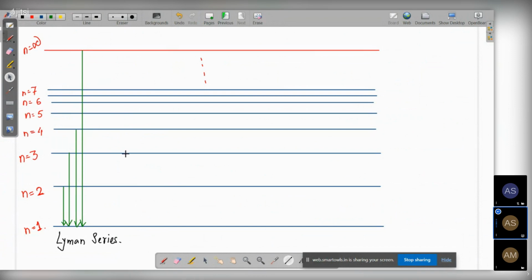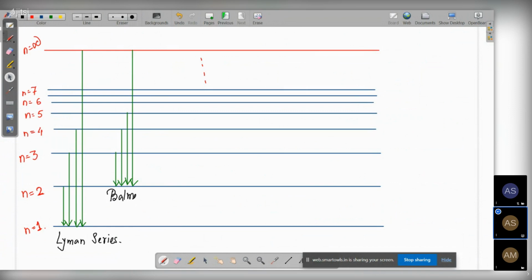But if the transition is till energy level 2, from anywhere it starts, it doesn't matter: 3 to 2, 4 to 2, 5 to 2, infinity to 2. Then this series is called the Balmer series.